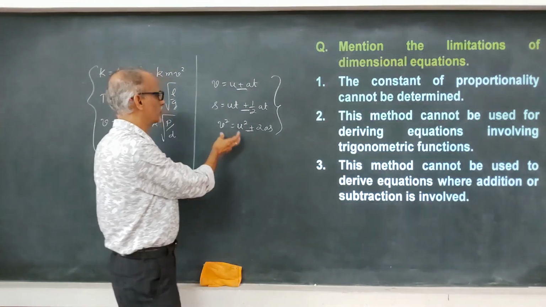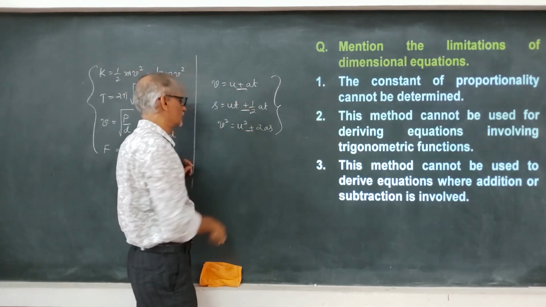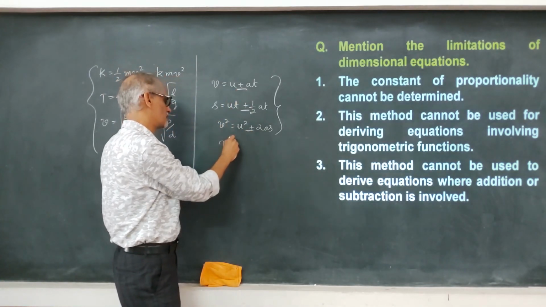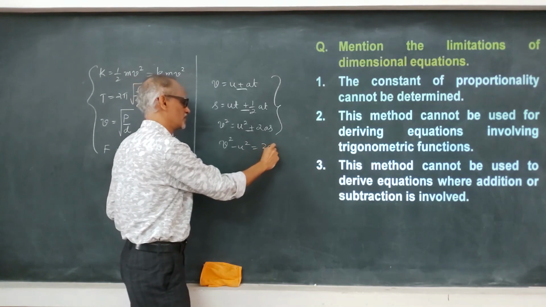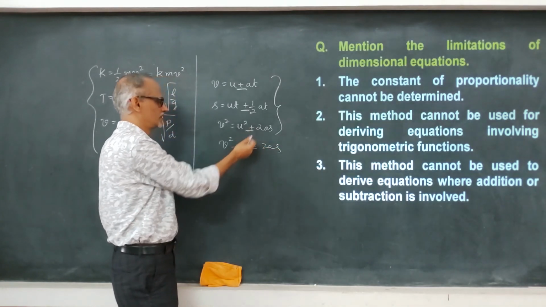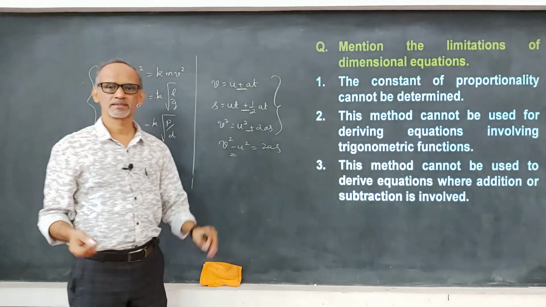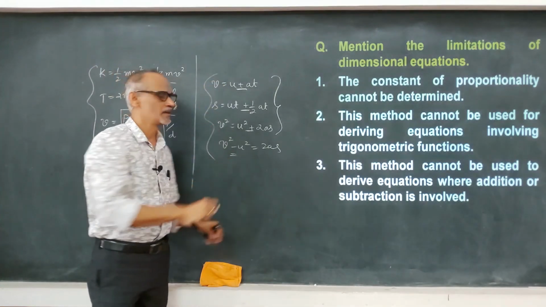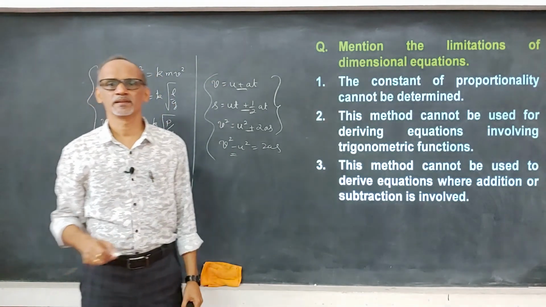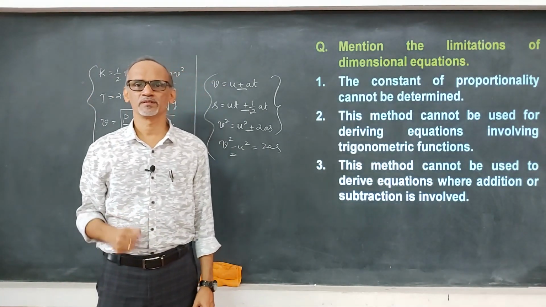If there is an equation with addition or subtraction, I can write even like this also, v square minus u square plus 2as. See, here there is addition, here there is a subtraction. So, these kinds of equations cannot be derived using the method of dimensional formula. Okay.